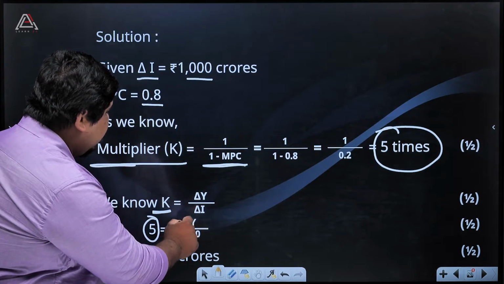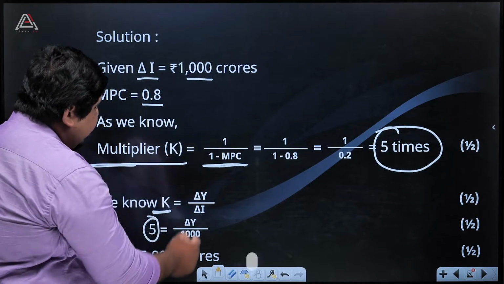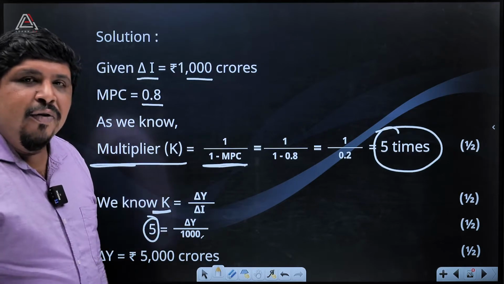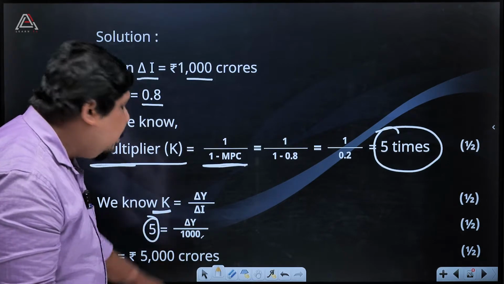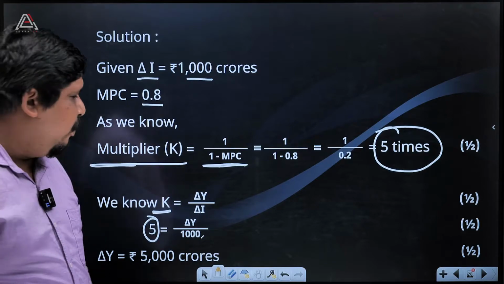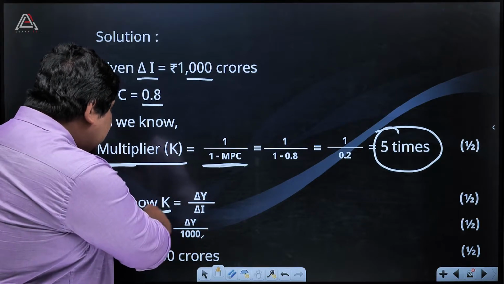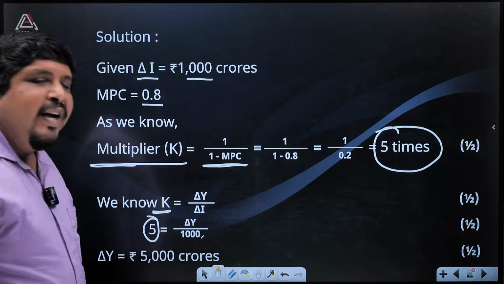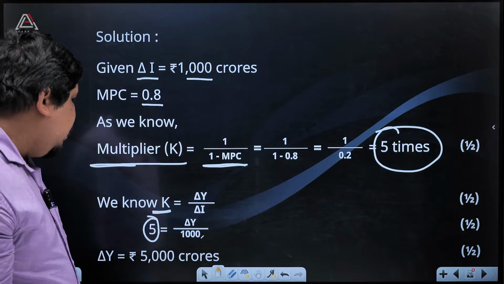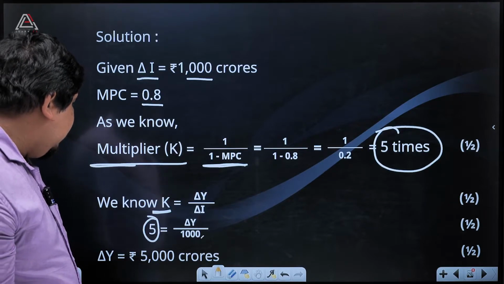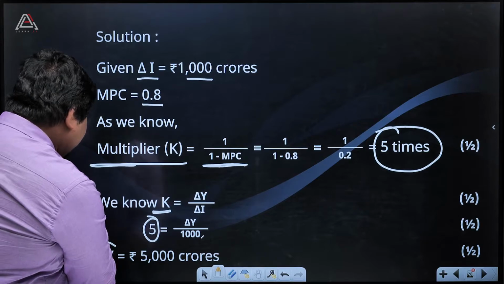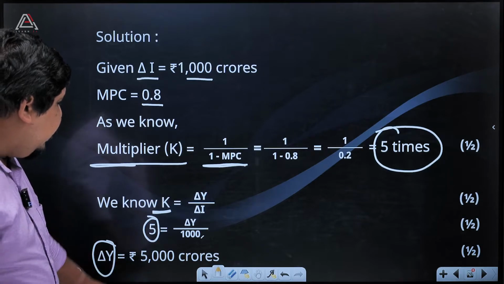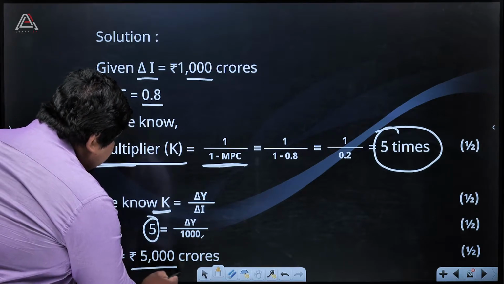Then using the formula, investment is 1000 crores. We need to find out the change in income. In that formula, the multiplier is there, investment is there, and we need to find the change in income. Once we solve that, we are getting 5000 crores.